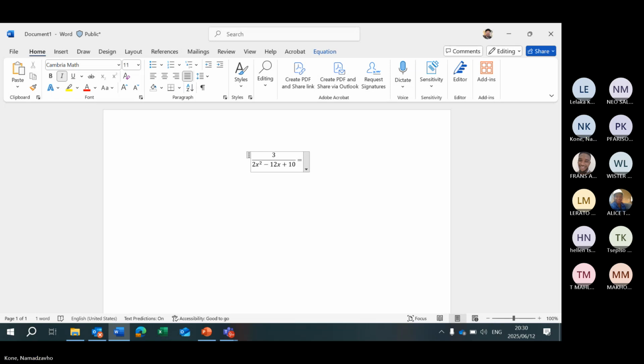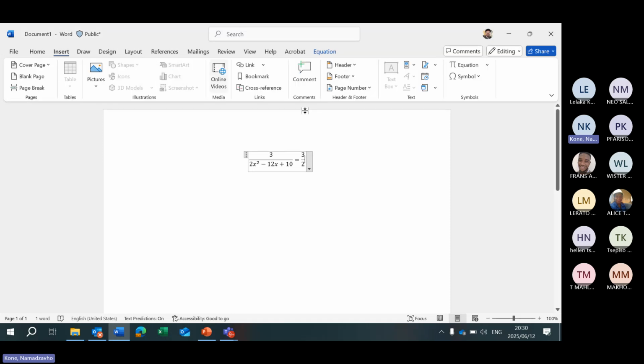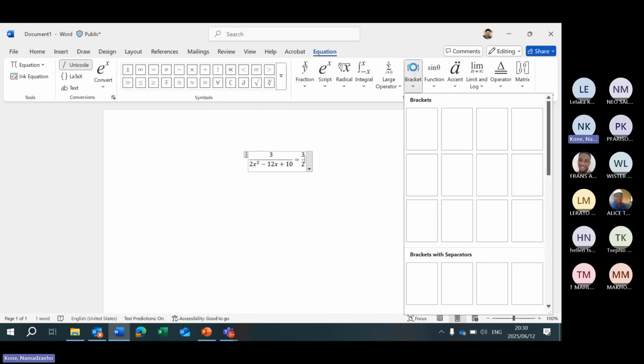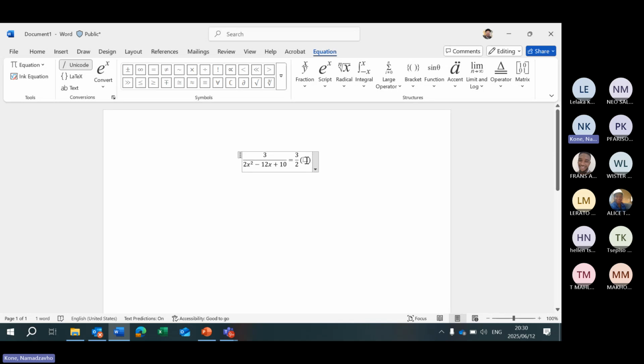So then what we do here now is that we have our 3/2, and then in brackets we want to isolate the numbers and have our quadratic expression as it stands. How do we do this? Put it in brackets and in a fraction which is 1 over the factors.